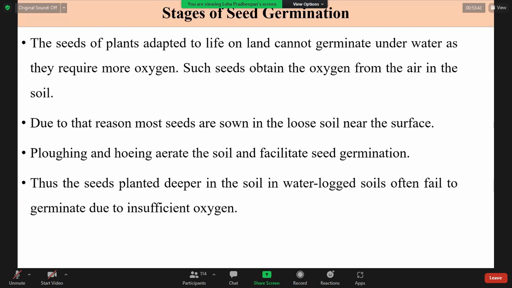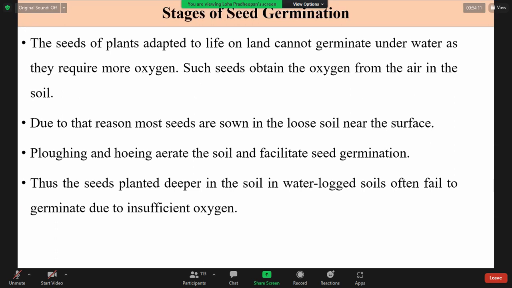Even if you put the seeds for germination, air is very important in the soil for the supply of oxygen. So while planting the seeds, we have to make the soil loose so that it should have the aeration. So that's why we are doing plowing and hoeing and other operations.